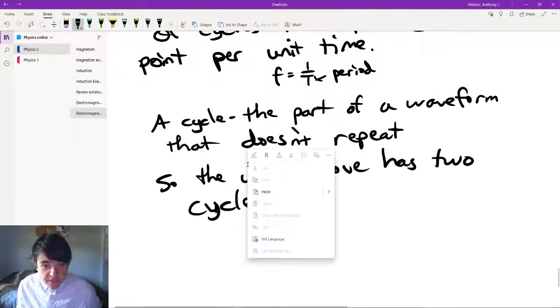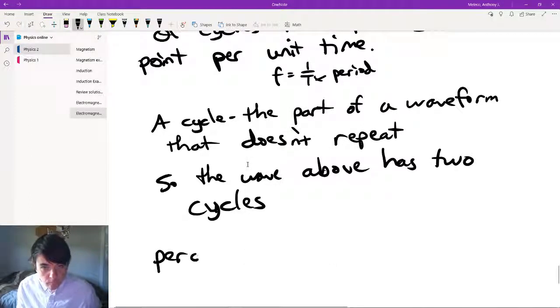Next up, we have period. That the frequency is defined in terms of.